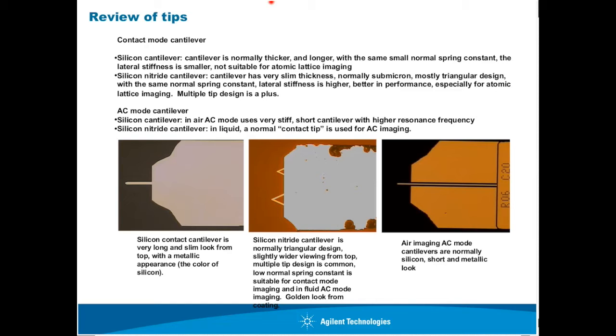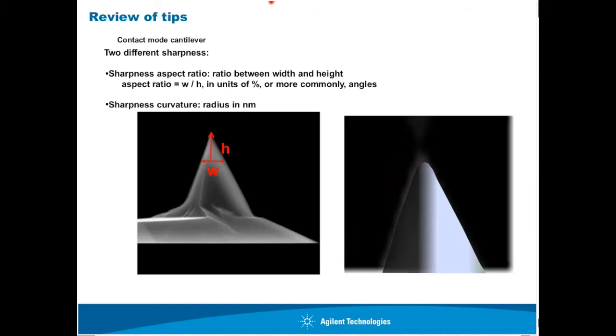All right, the next most important thing about choosing a cantilever is its sharpness. Sharpness actually can be described in two separate ways, and they mean very different things. The first is what I call the aspect ratio. Basically, a very long tip could be not sharp.